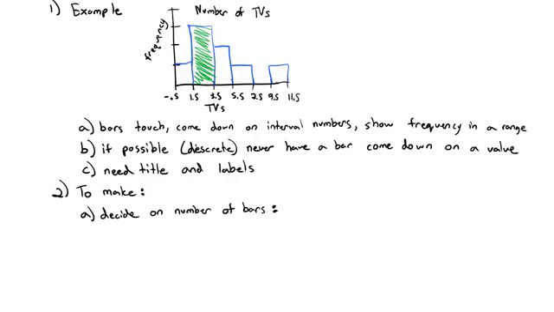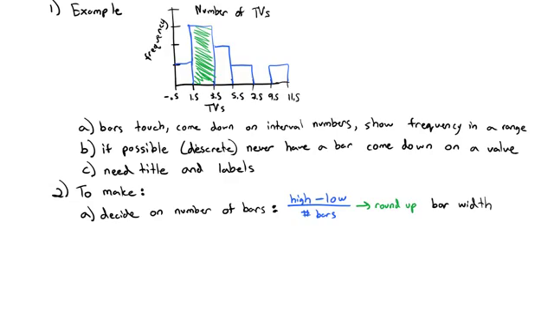Once we decide the number of bars, we'll use this nice little formula where we take the high number minus the low number, and then divide by the number of bars. And then whatever that number is, we will round up. And that will give us the bar width, how wide each bar should be.